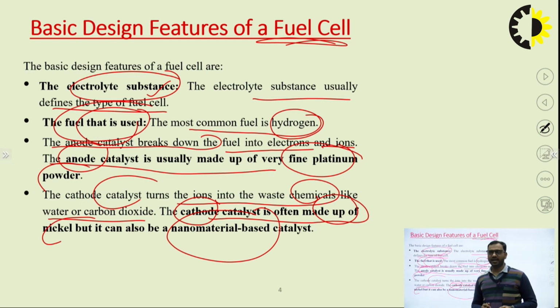So we can say that anode is made up of very fine platinum powder, whereas cathode is made up of nickel, or sometimes a nanomaterial based catalyst. And the fuel that is used in most of the fuel cells is hydrogen.